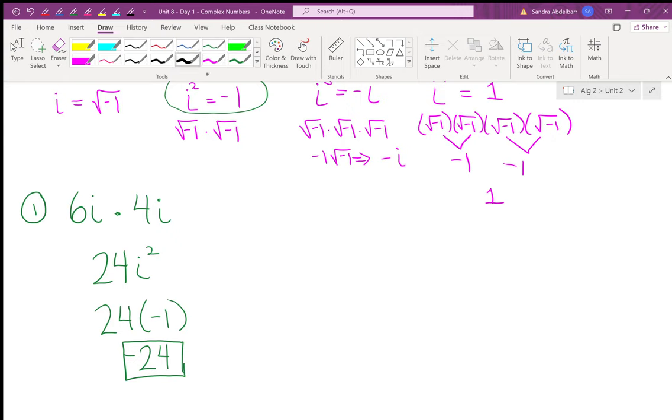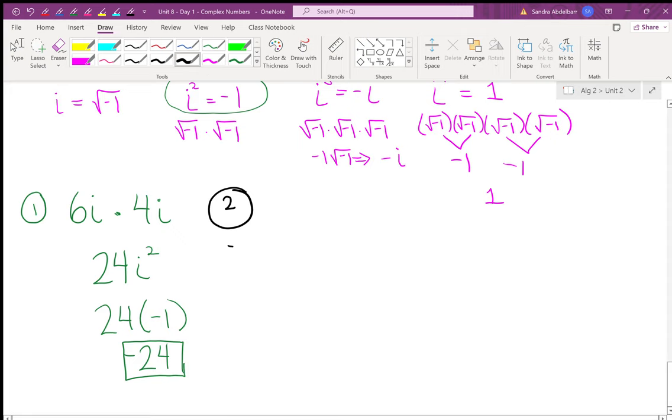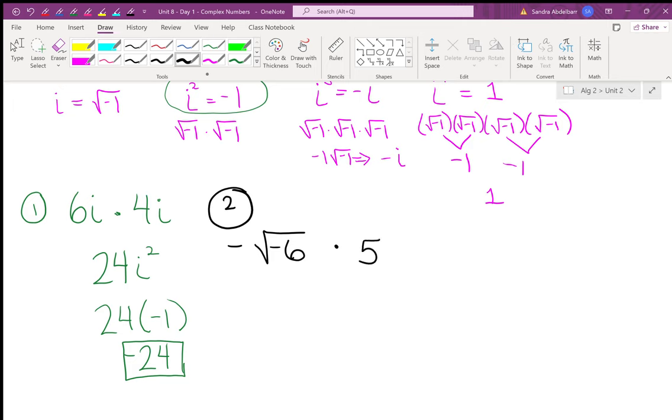Let's do another one. So let's say I have negative root negative 6 times 5 root negative 3. I had said this briefly before. Anytime you have negatives under your radical, can you perform any operations?